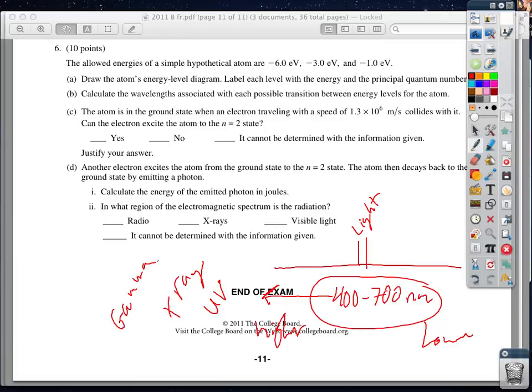So it's UV, X-ray, gamma. Then down here, this is red. So you get infrared, then microwaves, then radio waves. So radio is all the way over here, X-rays all the way over there, visible light right in the middle.